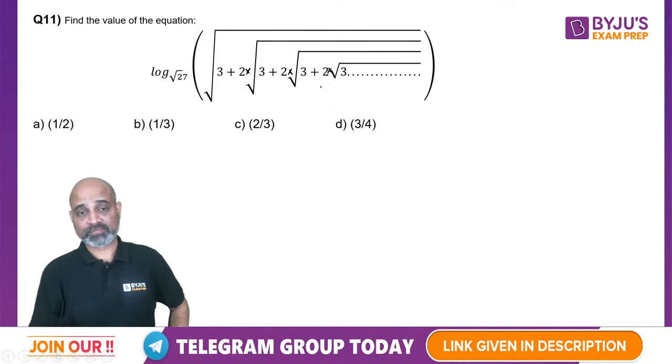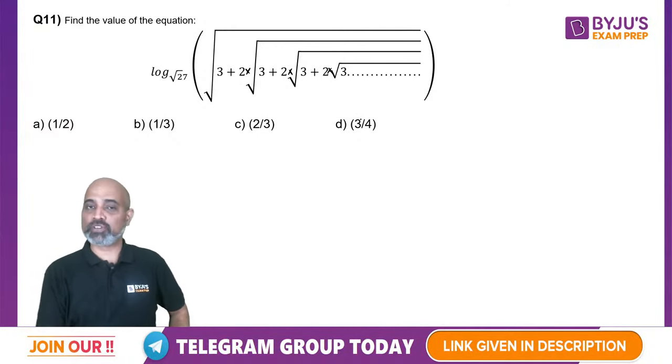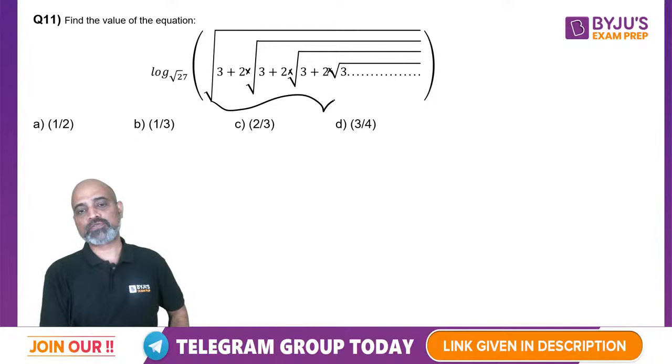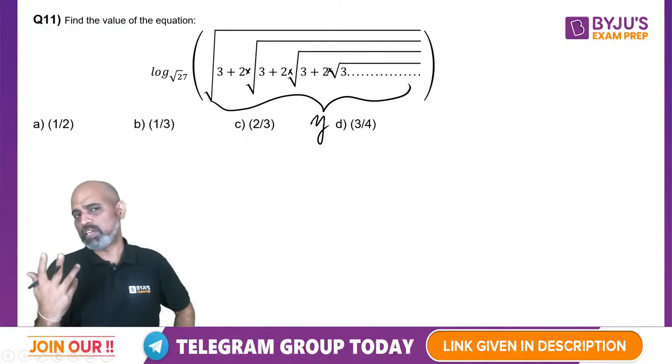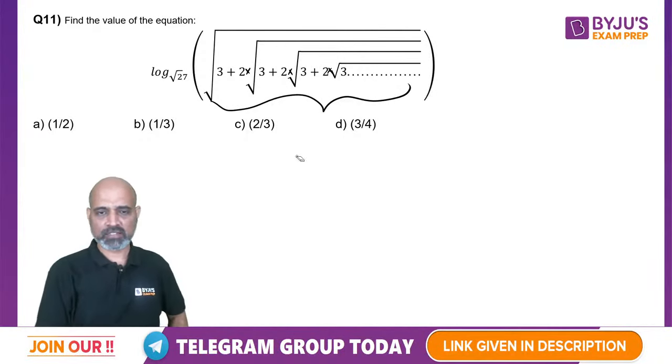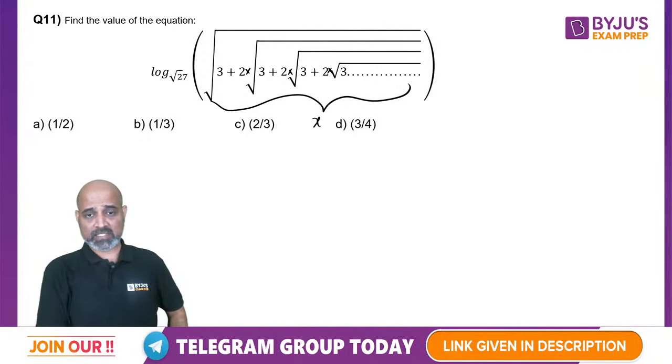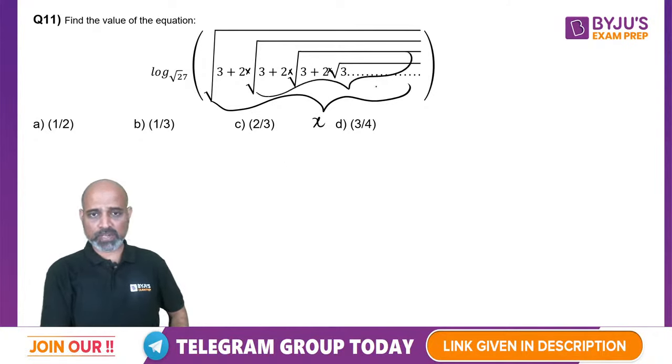No one? Okay. So, of course, if we start with log, it will become difficult. So what we are going to do is say, let this be y or x, whatever you feel like. Okay, let's take this as x. Suppose this is x. And if you look at the pattern, can I say this is also x?